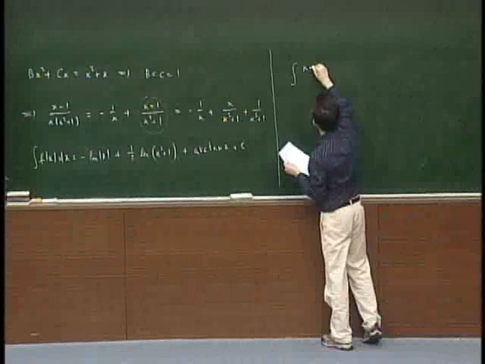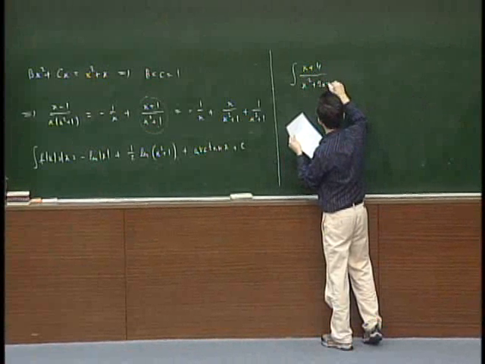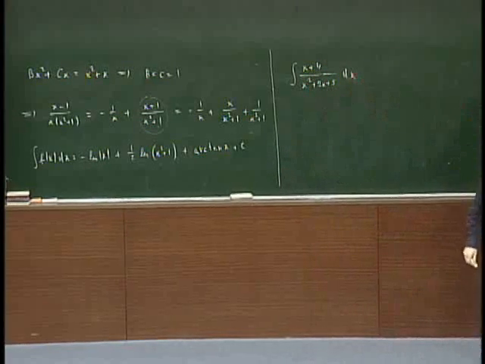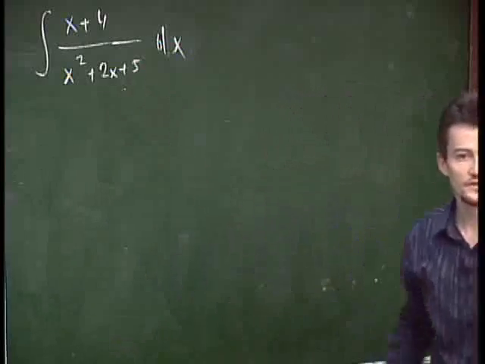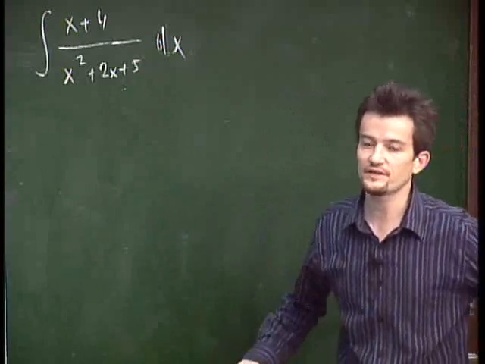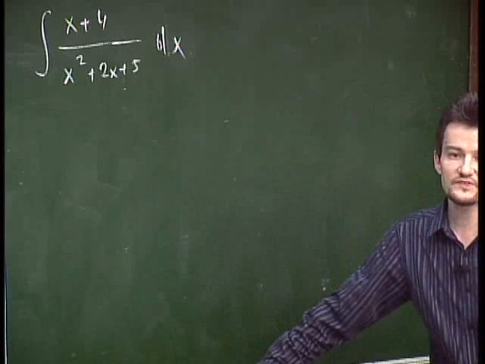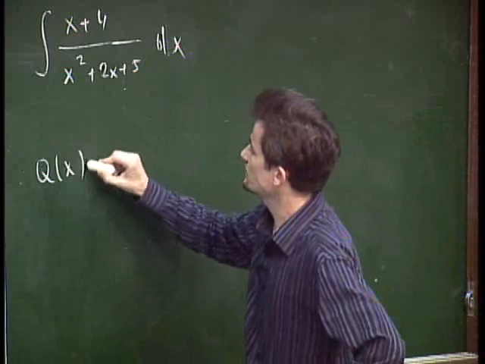If you have to compute this integral here, we have a proper rational function. In the first step we have to do nothing, no long division. For the second step, we have to try to factorize the denominator.